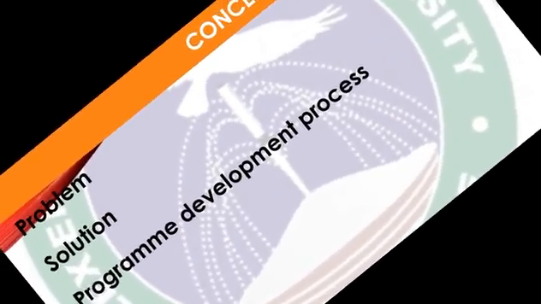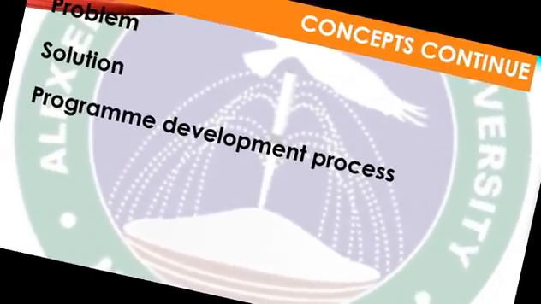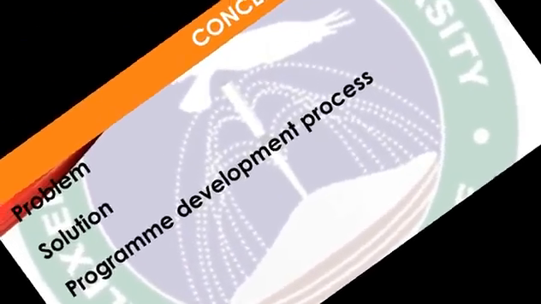This concept is defined as the continuous and cooperative activity involving lay people and the extension staff. In this case, problems are identified, objective is set forth, and action is taken to reach the objective.